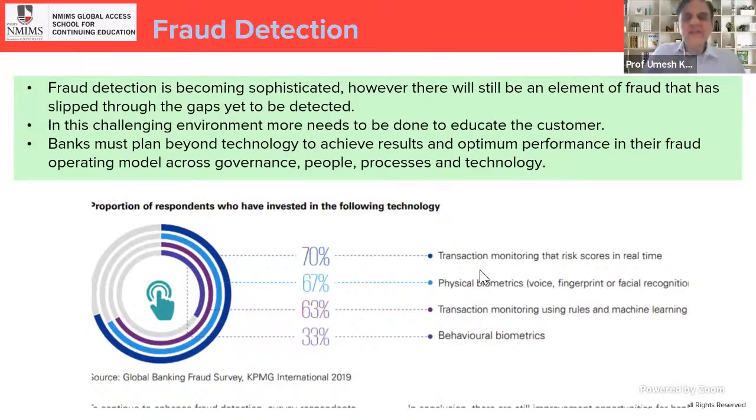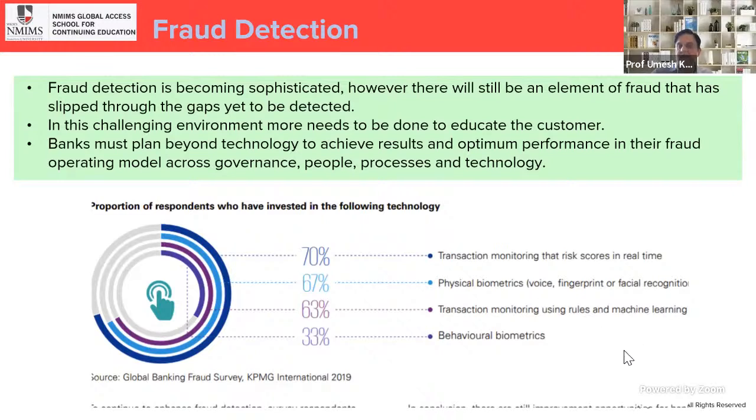So fraud detection, some interesting findings. These are the respondents who were asked what they are doing to invest in terms of technology to prevent and detect frauds. About 70% say they do transaction monitoring on a real-time basis, which means there is an investment in technology to be able to look at the data in real time. Two-thirds of them say they use physical biometrics like voice, fingerprints, and facial recognition. About another two-thirds say transaction monitoring using AI algorithms or machine learning.